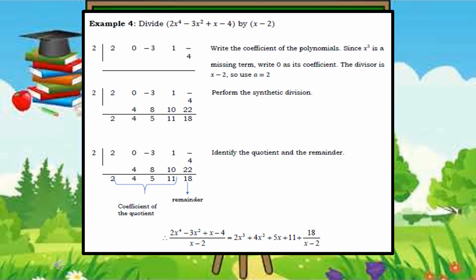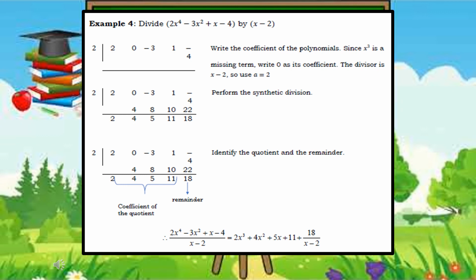The divisor is x minus 2, so use a equals 2. If it's negative, then it's positive, and if it's positive, it will give you negative.